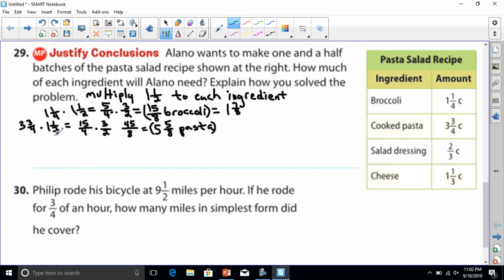All right, let's see. The next one is going to be the salad dressing. We've got 2/3 here, 2/3 times, we said 3 over 2. And look what we got over here. Well, 3's cancel out. And the 2's cancel out. That leaves me with 1 over 1. And 1 over 1 is 1.